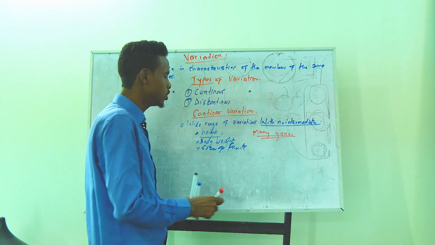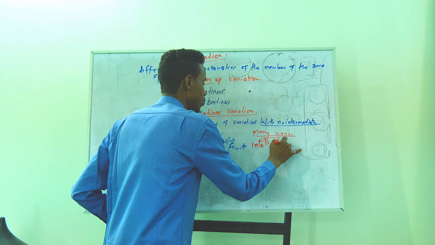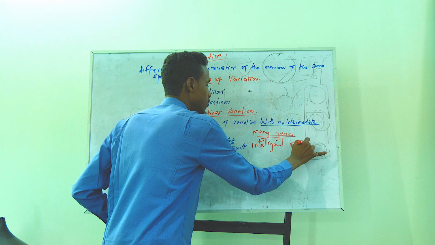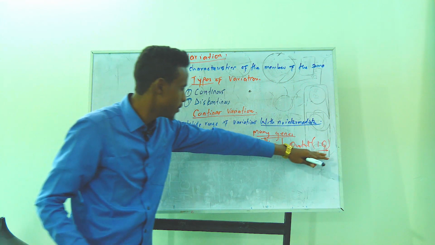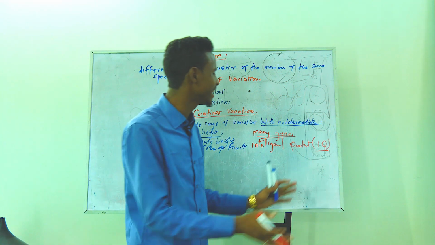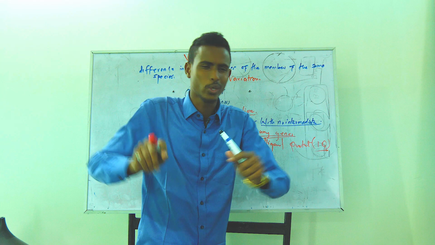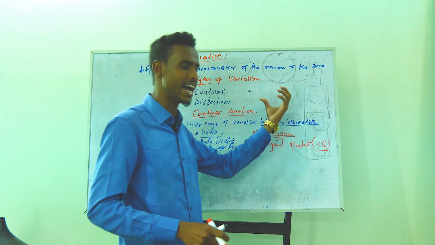Yet the IQ, the intelligence quotient, is the same. But after some time, when they are subjected to different learning environments, we are going to realize that one amongst them will be smarter than the other.